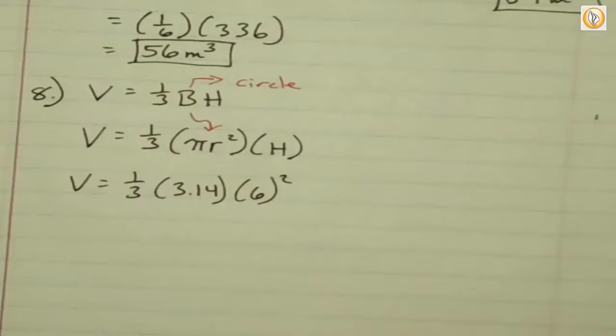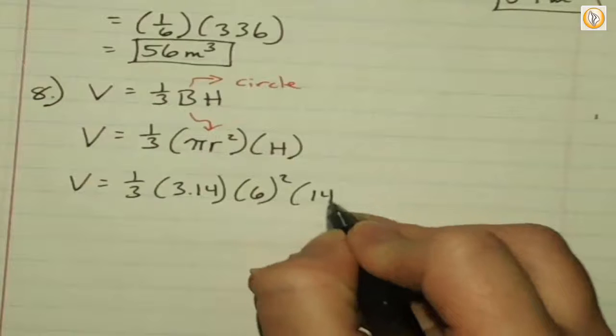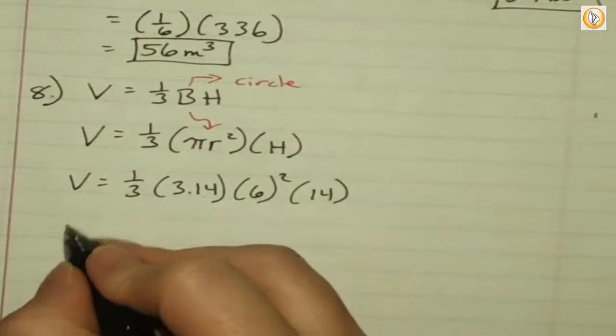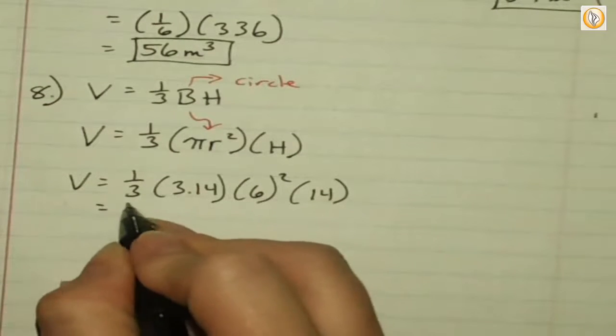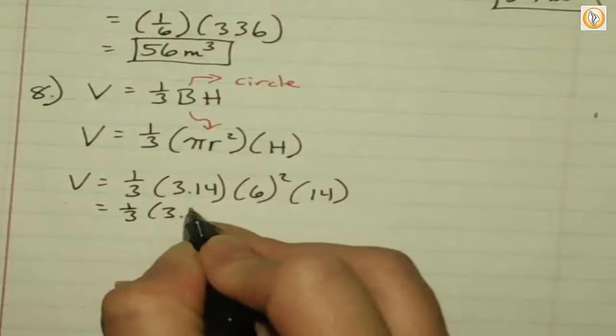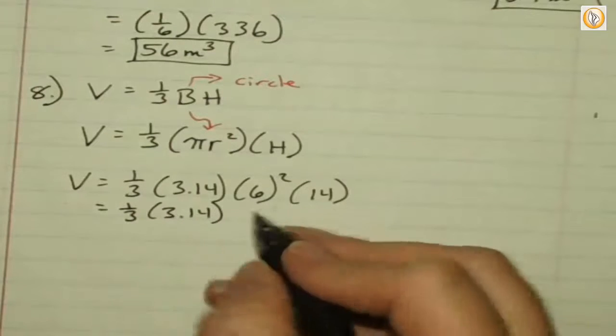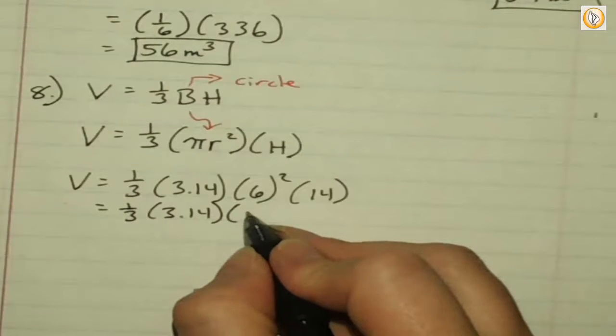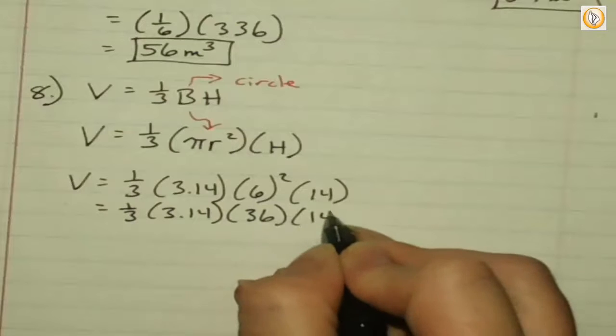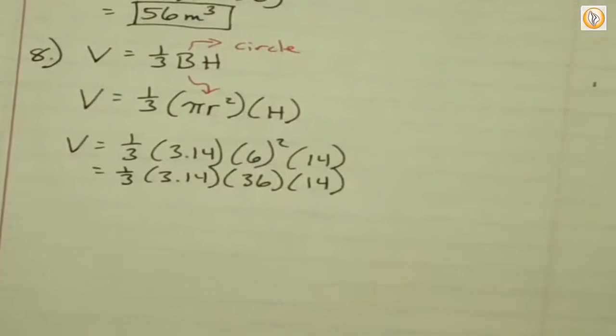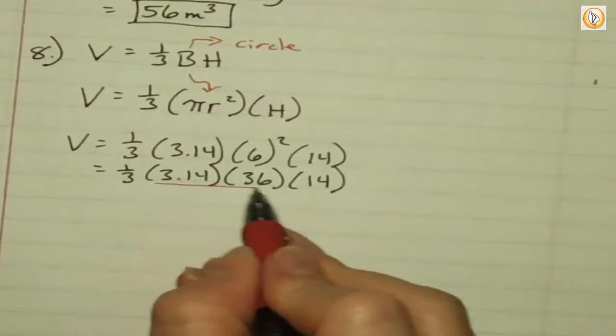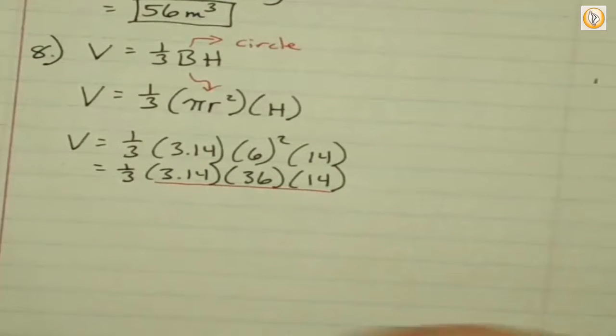Let's see. Izzy. 13. I said 14. 13. So 3.14. 6 squared is what? Anyone? 36. Okay, so you're going to multiply these 3 first and then divide by 3.